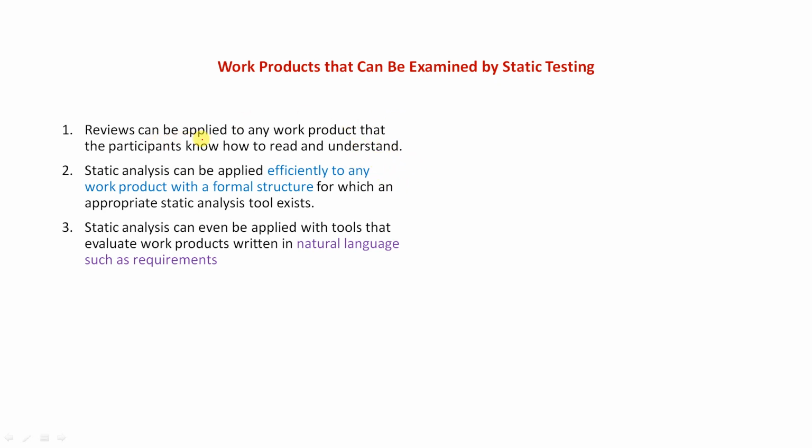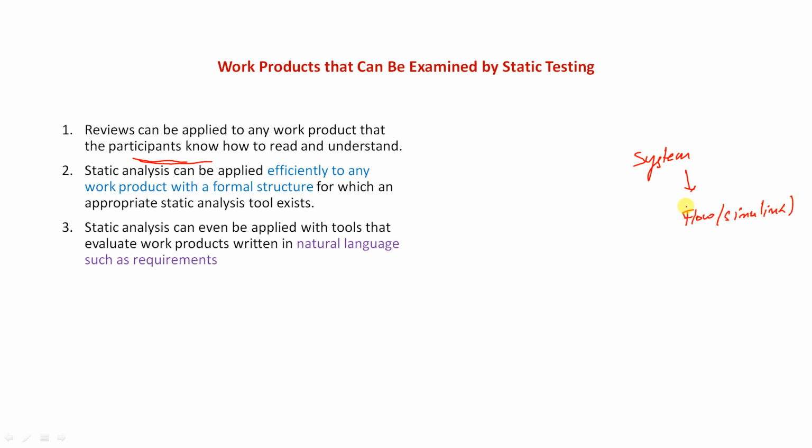So reviews can be applied to any work product that participants know how to read and understand. So this is very important. So who are the participants? They should be aware. For example, if you are a system tester and you are going to review a flowchart or a Simulink model that you are not aware of.